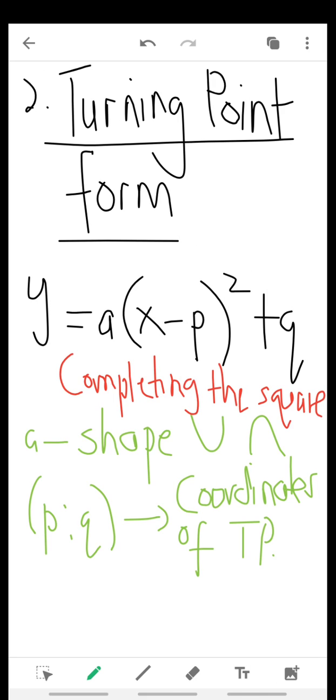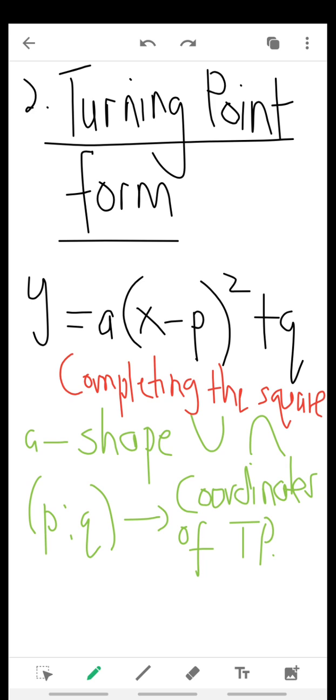Next up, we are looking at the second form of the equation of a parabola, which is called the turning point form. From the words itself, it means this form needs you to have a turning point.